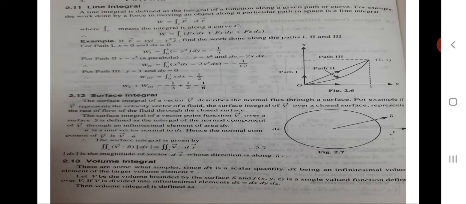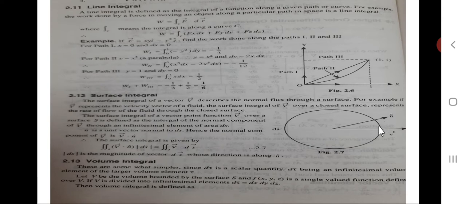The surface integral of vector point function V over a surface S is defined as the integral of the normal component of V through an infinitesimal element of area dS. n is a unit vector normal to dS. The normal component of V is V dot n.